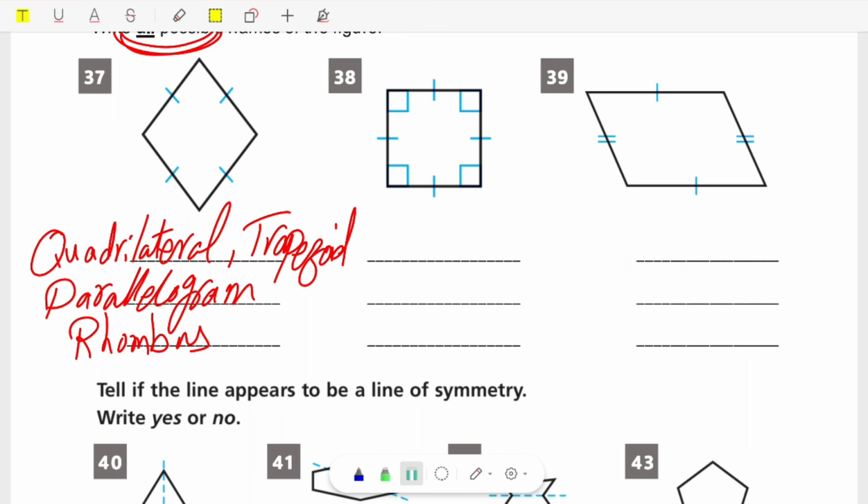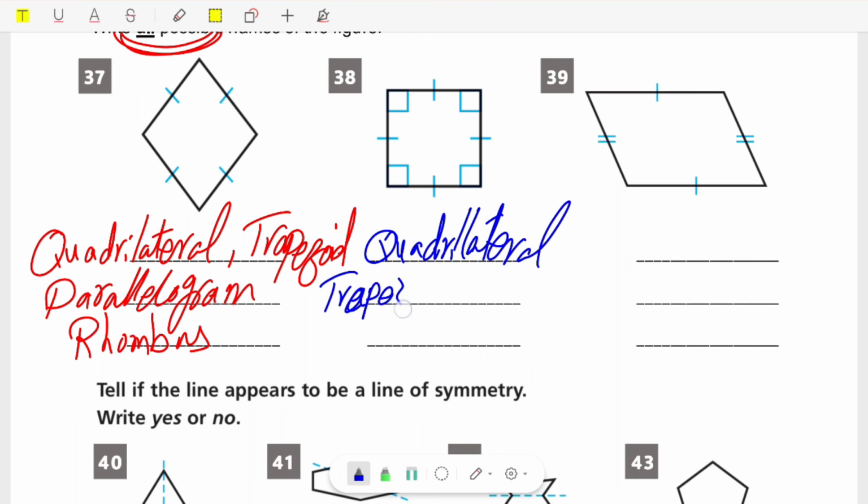It means it has all the names, so we can call it quadrilateral, we can call it trapezoid, we can call it parallelogram, we can call it rectangle.